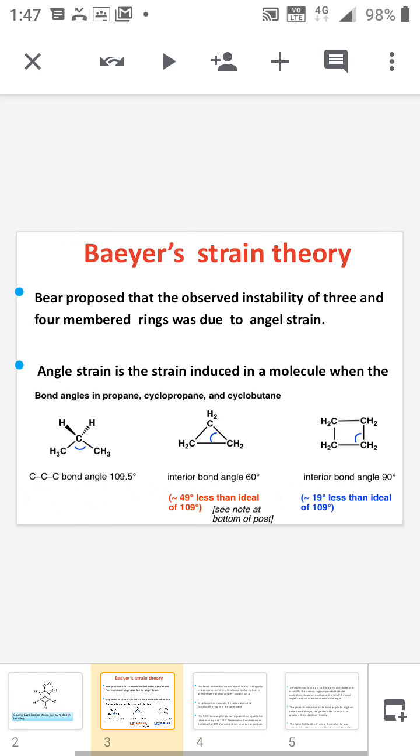See here, cyclopropane shows the maximum deviation, that's why it is highly unstable. Whereas in the case of cyclobutane, the bond angle is 90 degrees, so the deviation is less. That's why cyclobutane is more stable than cyclopropane. Okay, hope you understood that concept. Thank you.